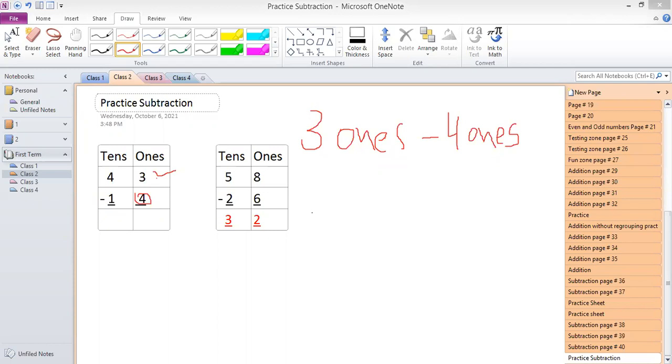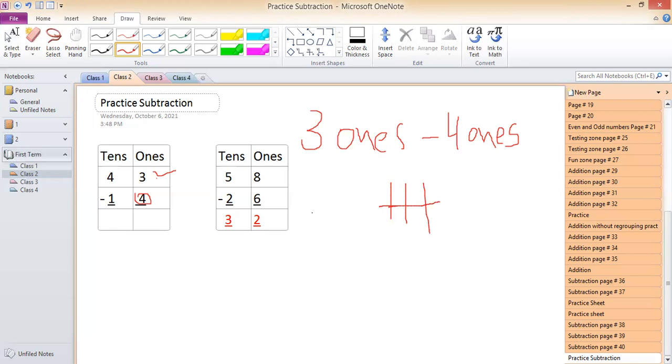Say no, sir. We cannot subtract 4 from 3 because 3 is smaller. If you draw 3 lines, you cannot cut 4 lines. You can cut 1 line, 2 lines, 3 lines, but you cannot cut 4 lines because 4 is more than 3. Clear?